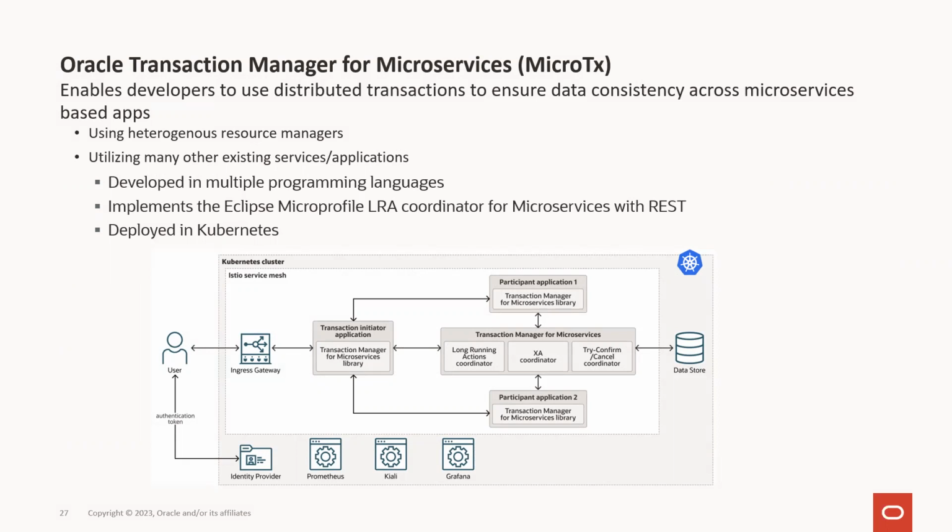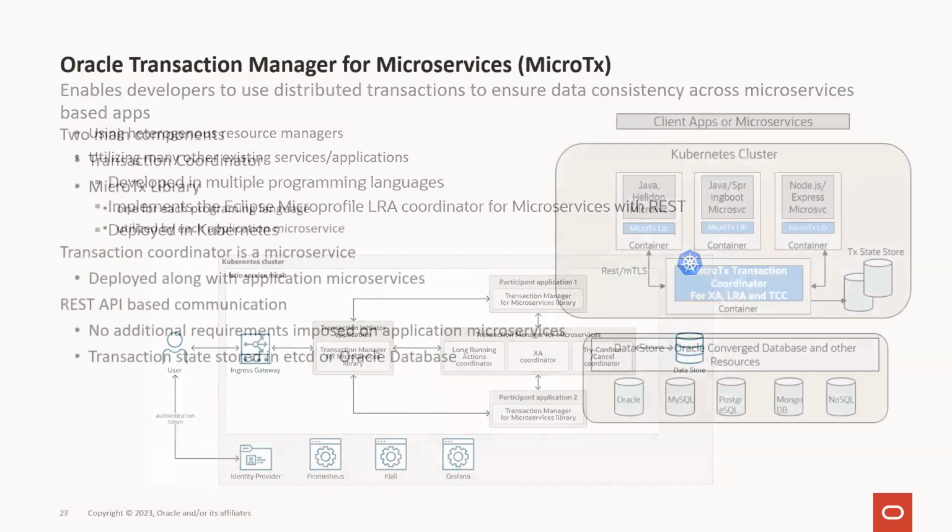So XA, or extended architecture, long-running actions, which is also sometimes known as sagas, and try, confirm, cancel. It also will work with all of the common transaction management systems like Oracle Database and Tuxedo and all the other ones that are out there today.